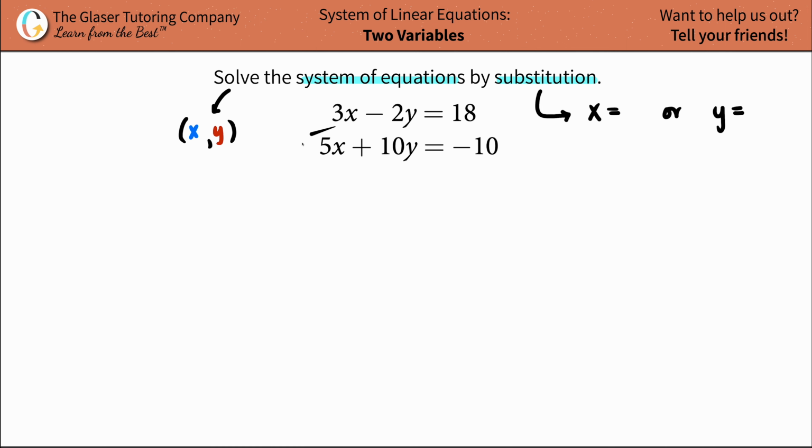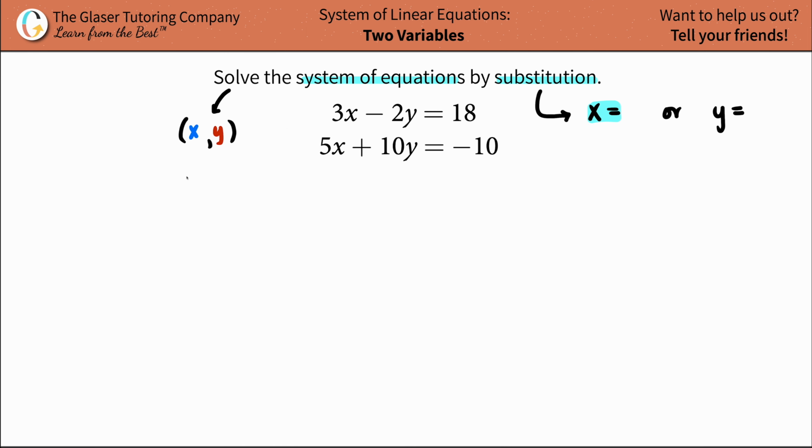But if I look at the bottom one, 5, 10, and 10, that seems like it's a little bit easier to work with. Lower numbers are key, I say. So in this case, I'm going to be solving with this one. So I'm going to turn this 5x into an x equals in this case.